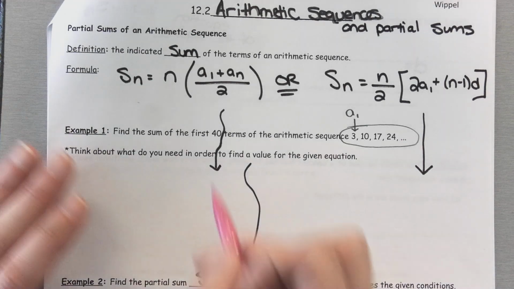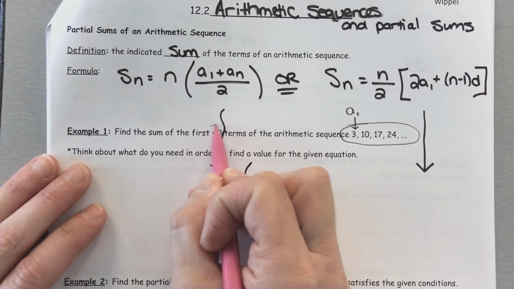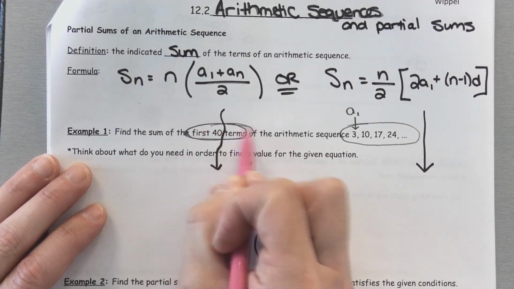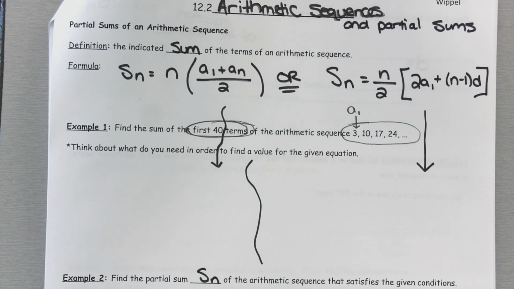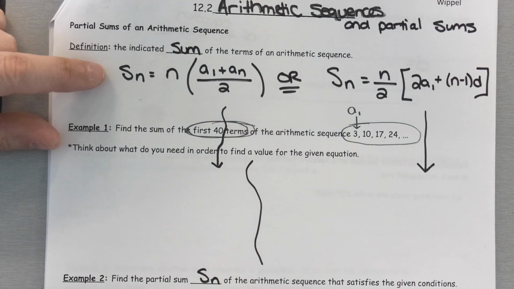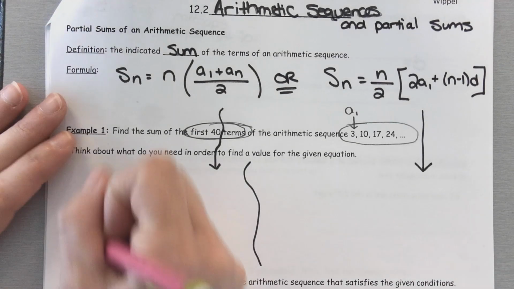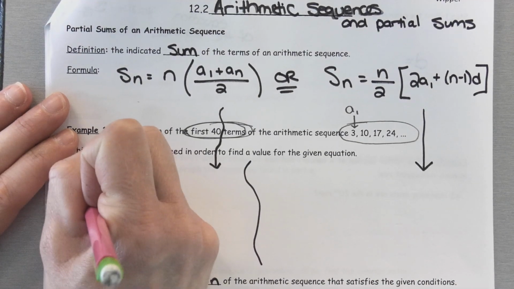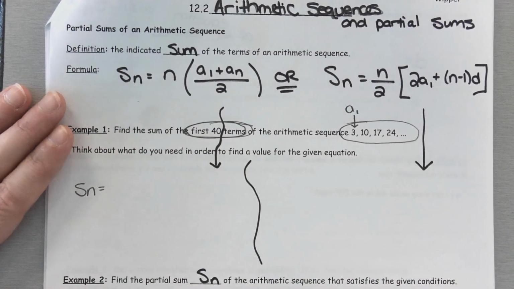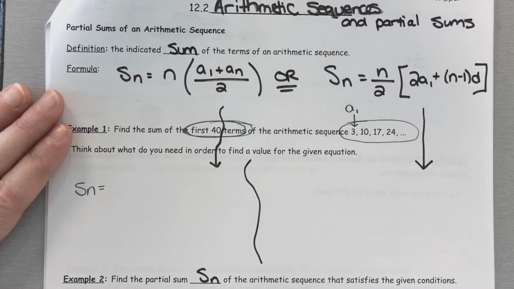We want to add up or sum up the first 40 terms. So we want to sum term 1 through term 40. I'm going to start with this one and try this one first. So S sub n equals. First of all, what's my n value that I'm adding up to? 40.